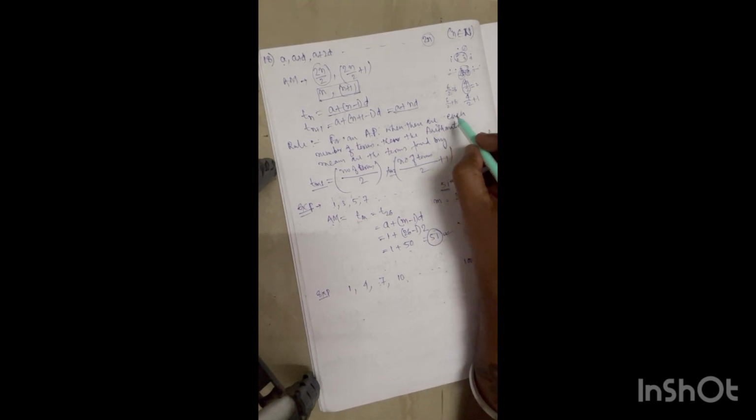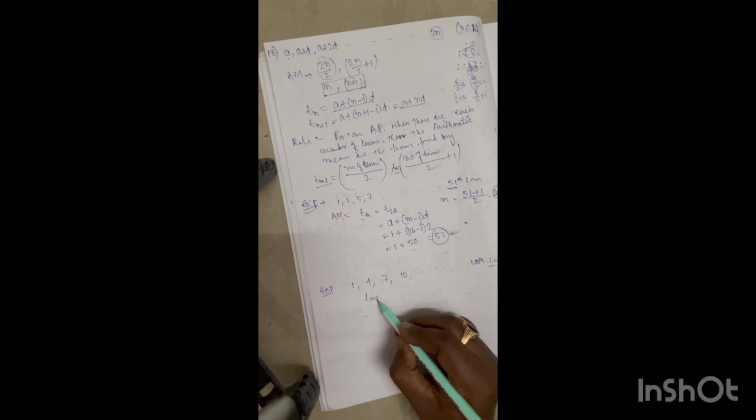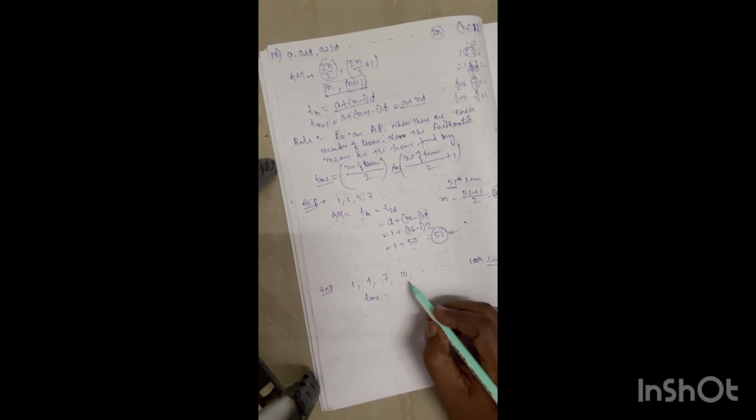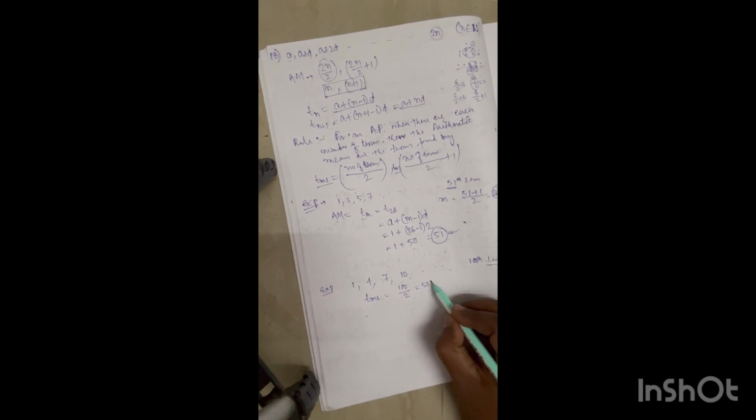In this case, the mean term m1 can be calculated by dividing the total number of terms by 2. So this is equal to the 50th term.